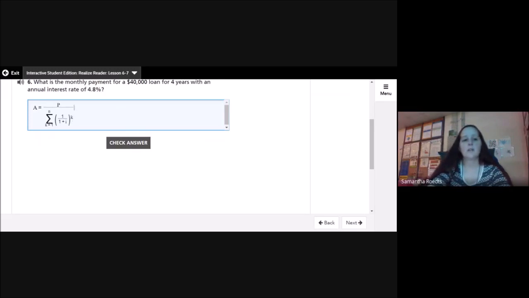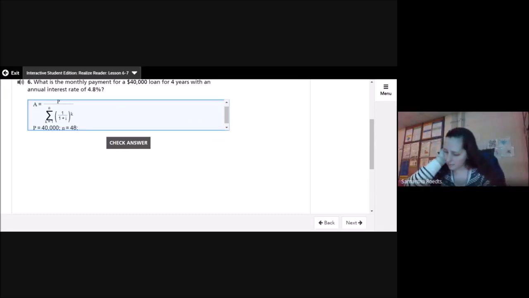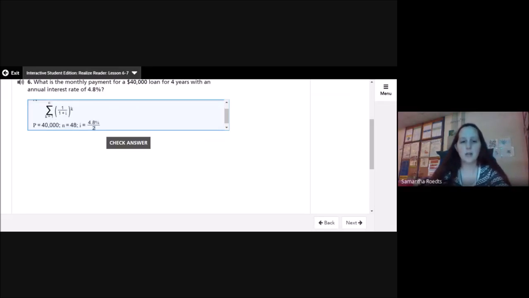So A is the amount that we're paying. P equals 40,000. n equals 4 years, and I'm looking at months, so 4 times 12 gives me 48. And then i is 4.8% divided by 12, because there's 12 months in a year.